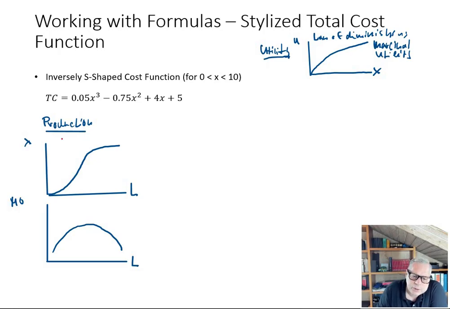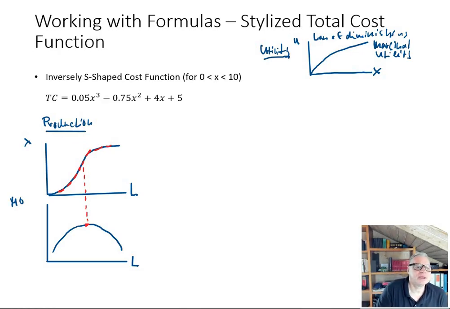The idea was that initially when we have more workers, the output marginally keeps on going up and up and up. And maybe here there's a maximum that corresponds to the maximum marginal output. But then the slope becomes flatter and flatter. Okay, this is what we already covered.